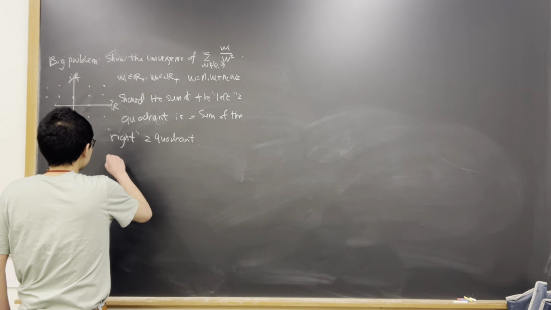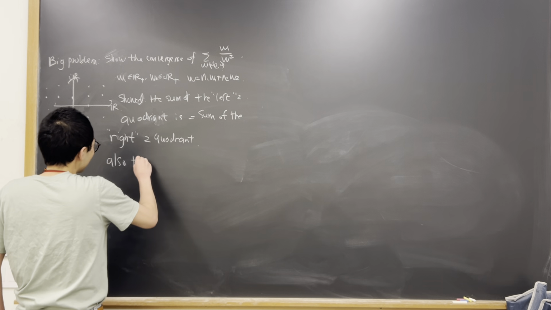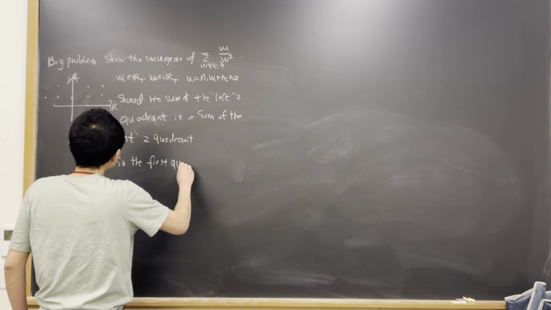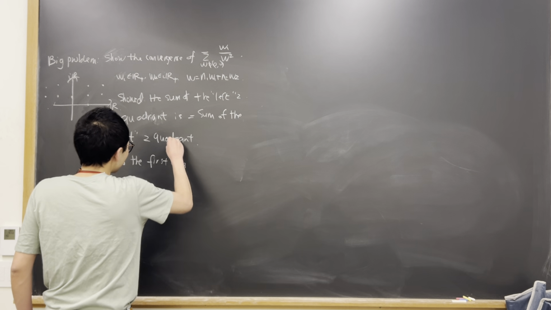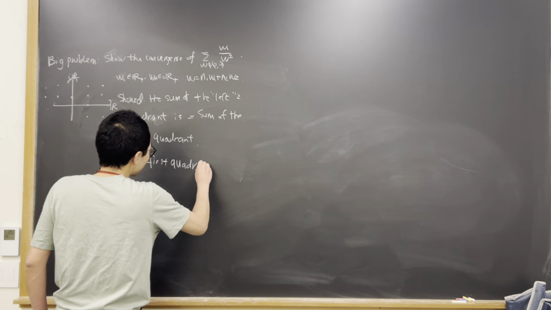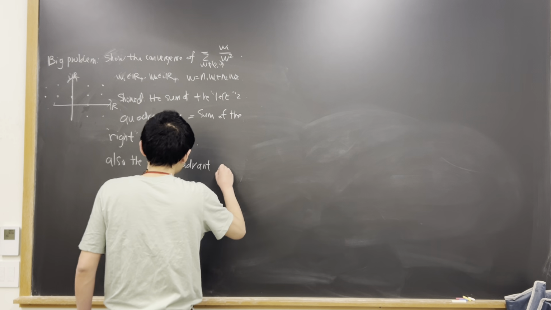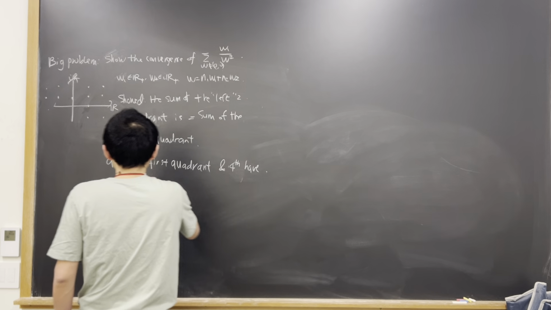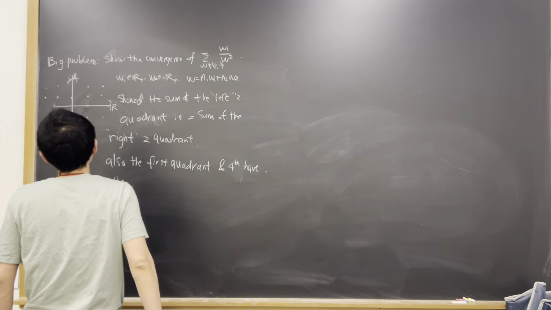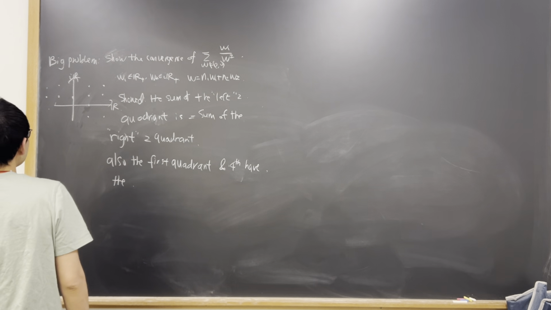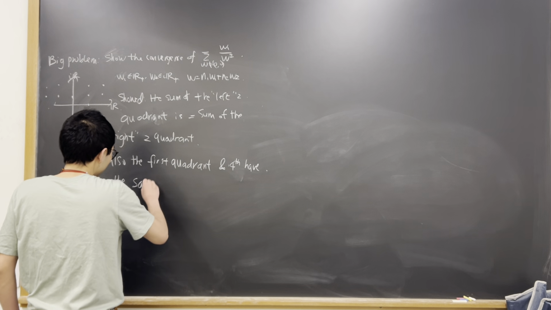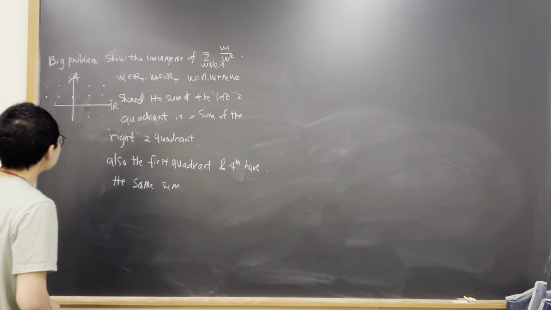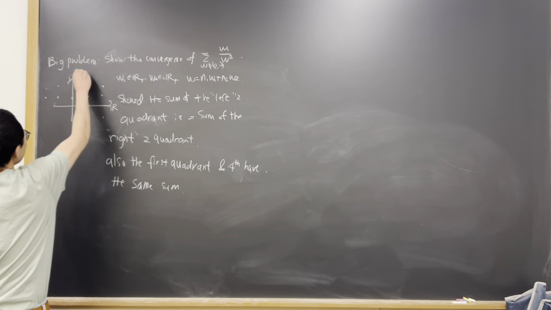The first quadrant and the fourth quadrant have the same sum. I think I showed that before. So now we just focus on the sum of the first quadrant.